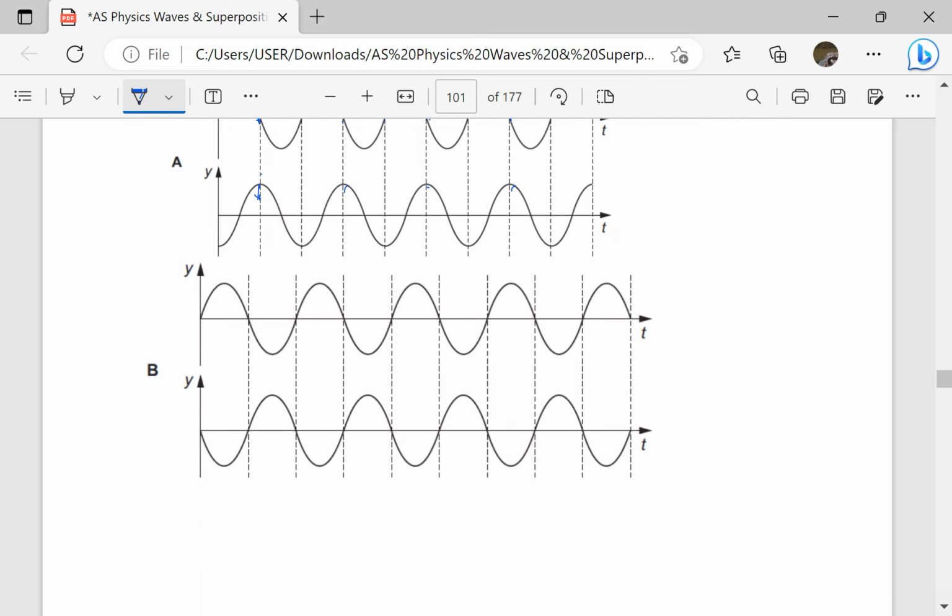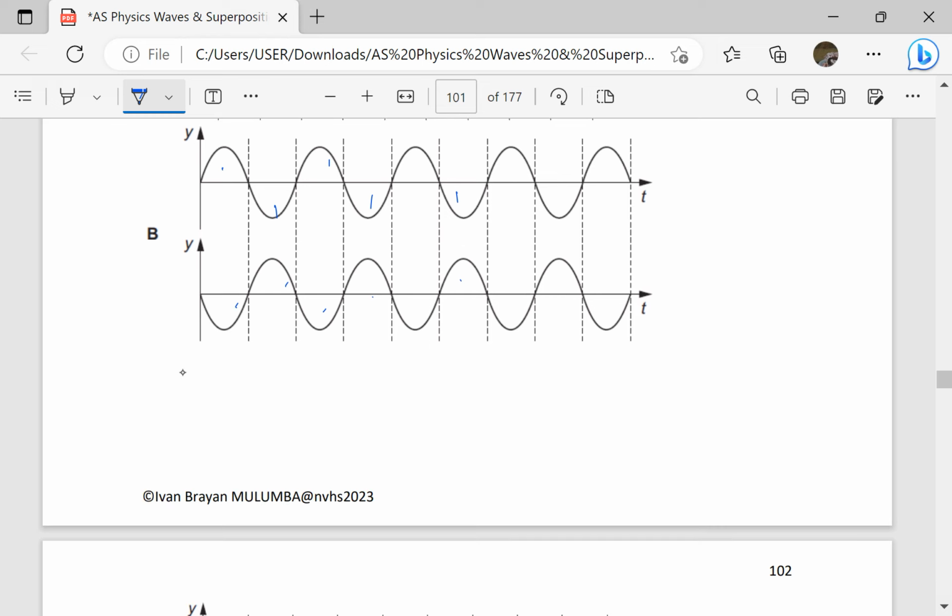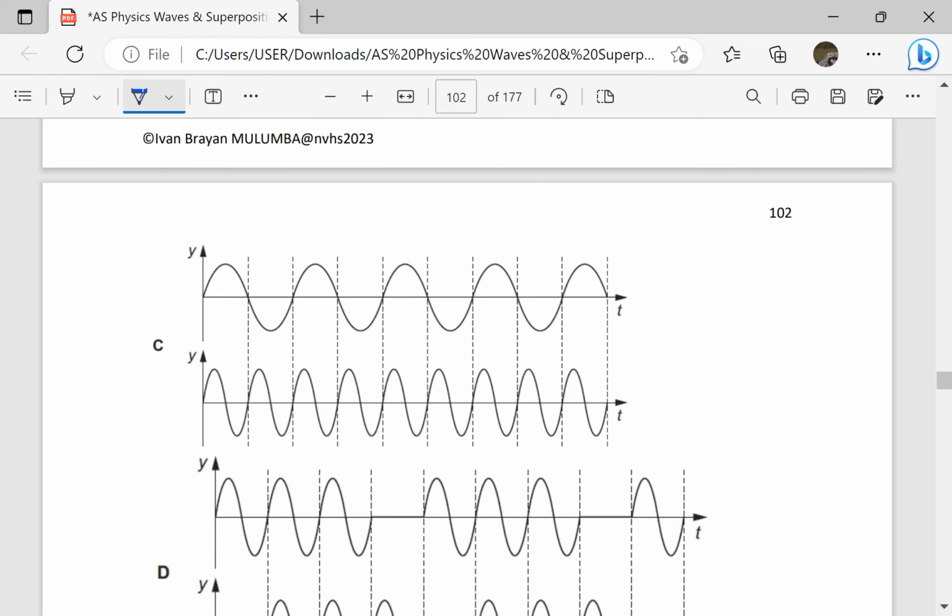And we still check the second one. These are in antiphase. We can check it is antiphase all through. In B, 180 degrees out of phase. Then in C, we notice that the particles here are vibrating downwards. These are vibrating upwards. Then we are going to look for the same point again.